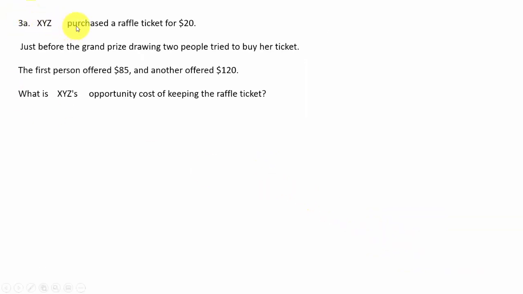XYZ company purchased a raffle ticket for $20. Just before the grand prize drawing, two people tried to buy her ticket. Well, uh-oh, we got a little problem here. XYZ and her, well, that doesn't make a lot of sense. So in a version of this that I hand out to my live classes in a notebook form, I have asked the class to change your notebook from XYZ to Zelda.